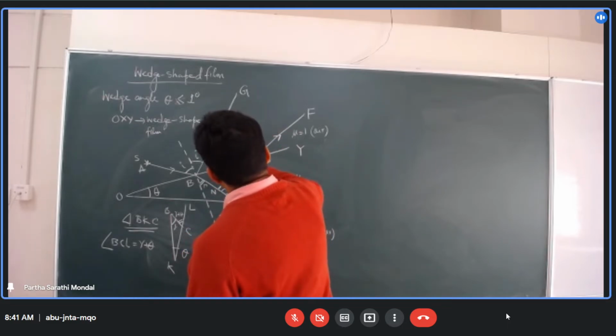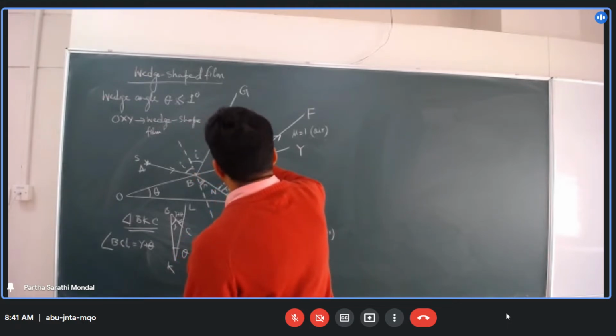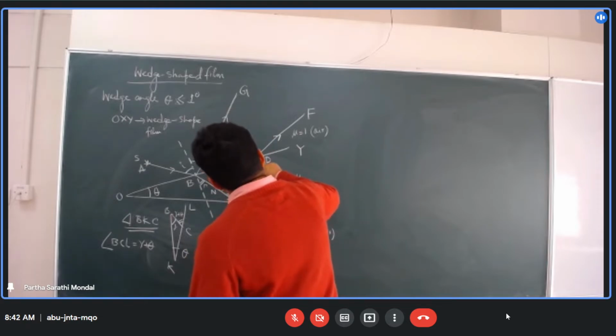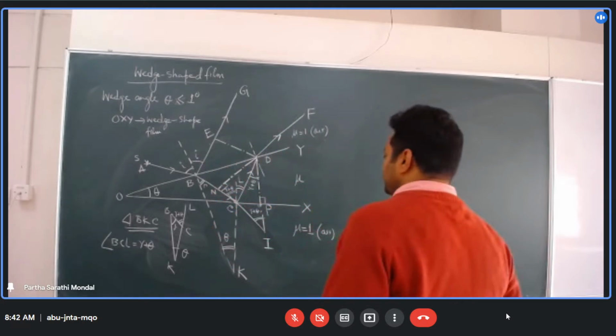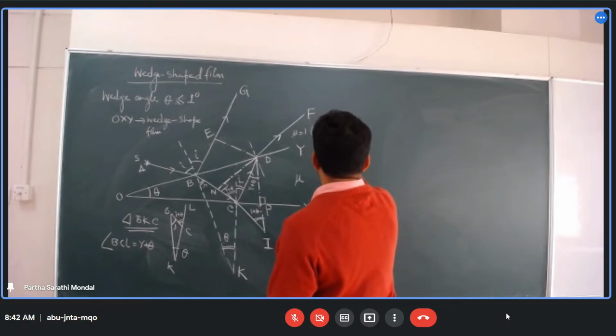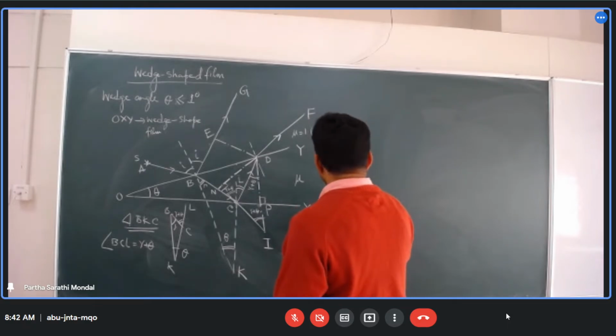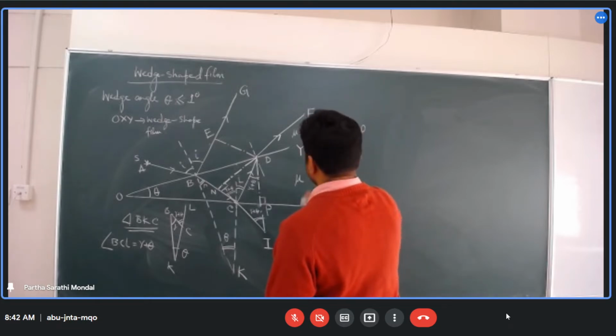So then it is 180 minus 90 minus, which is r plus theta. So that means if I take the triangle properly, this triangle I, B and C.